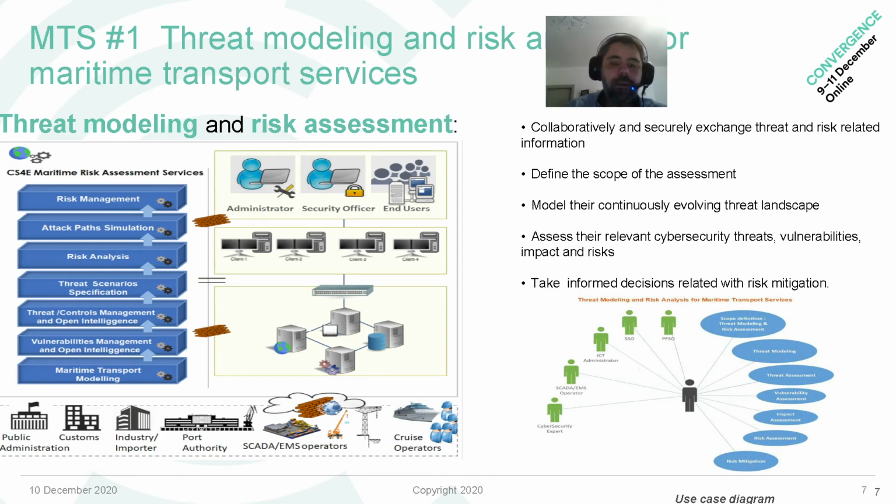In this context, as you understand, we are planning to develop four main groups of cybersecurity services. The first group of services is threat modeling and risk analysis services that give the possibility to operators to identify and assess novel threats, cascading effects, and dependent threats coming from dependent organizations and systems.